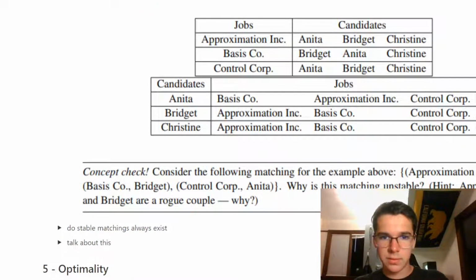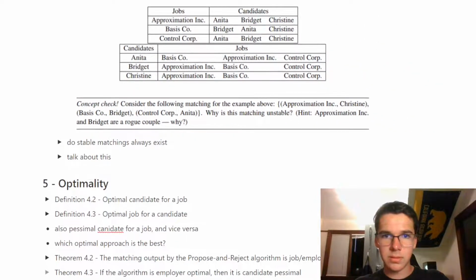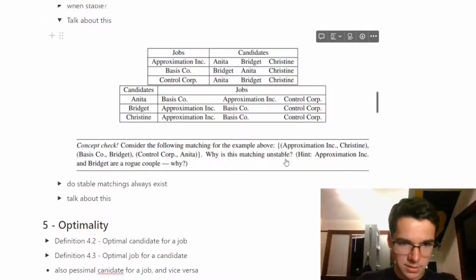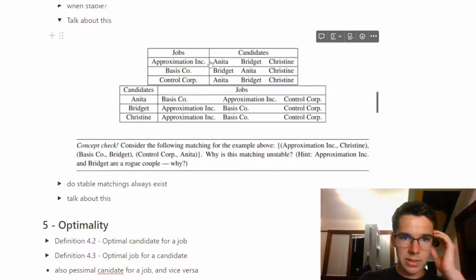Let's take a look at this. Consider the following match for the example above. Why is it unstable? They pretty much give us the answer in a hint. We're going to look at Approximation Inc. and see that it's paired with Christine, but Approximation Inc. would rather be with Bridget.